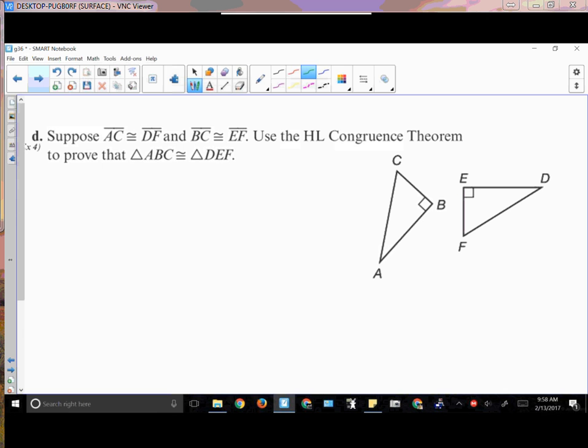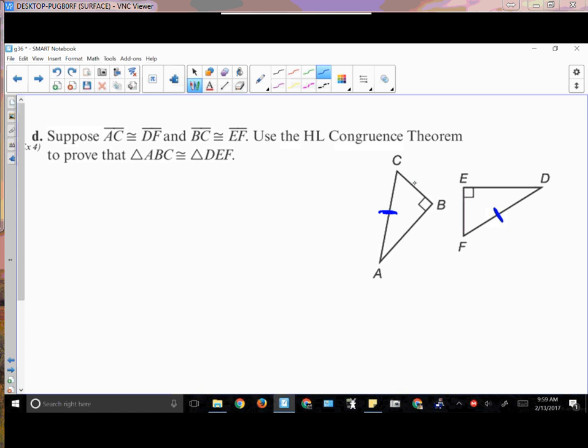All right. So, let's see. Jacob, you got a thought? Which one this would be? Well, let's see. We said that AC is congruent to DF, correct?